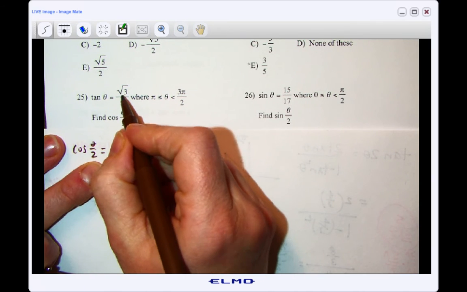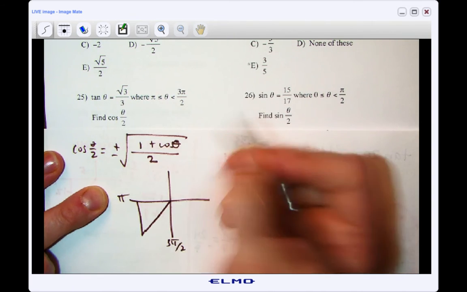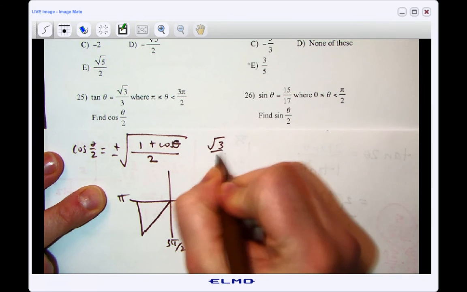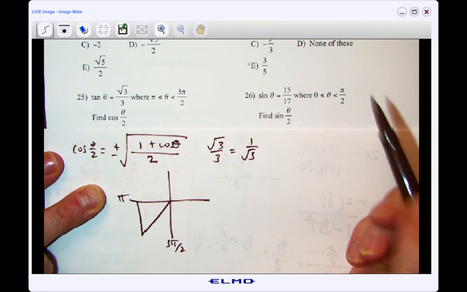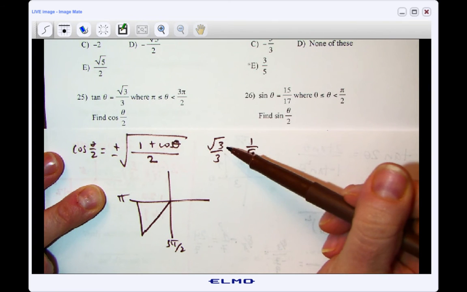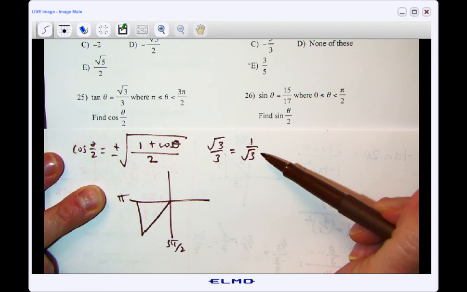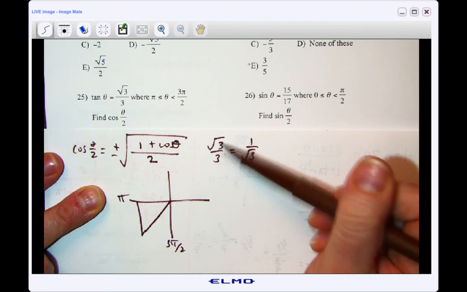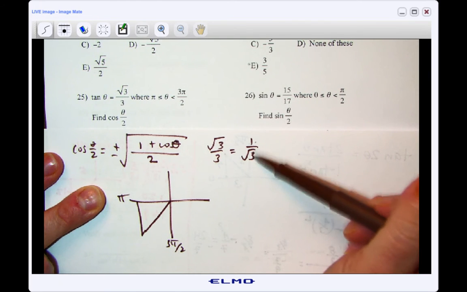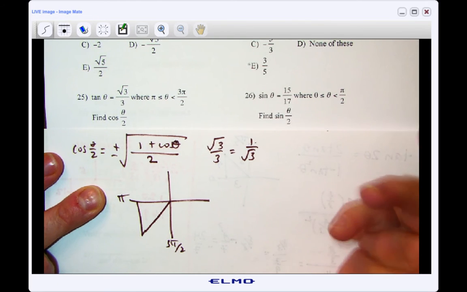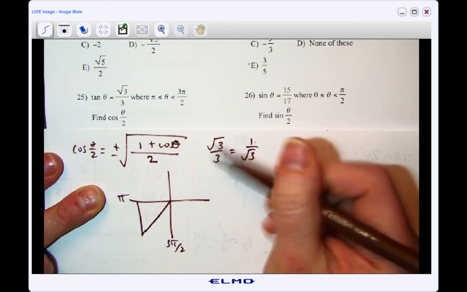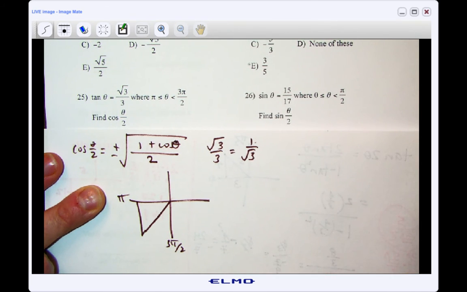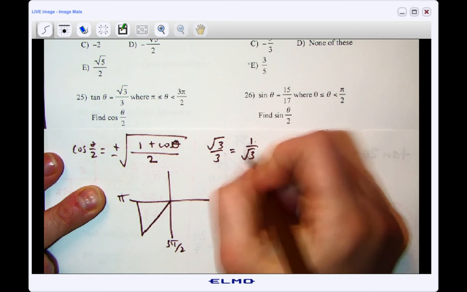Now, a lot of times when I see this number, I know that happens to be the same thing as this, right? Because they've rationalized it. So a lot of times I just unrationalize it. You can use these numbers, it doesn't matter, or you can use these numbers. Either way, you're going to get the same thing. These are just a multiple of root 3 bigger than these ones.